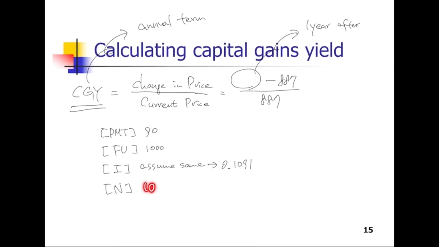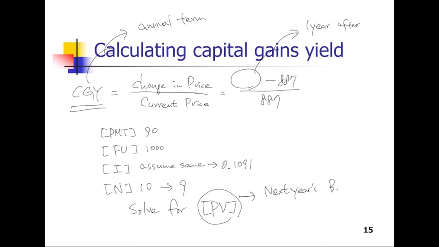And solve for PV, which means next year's bond price.